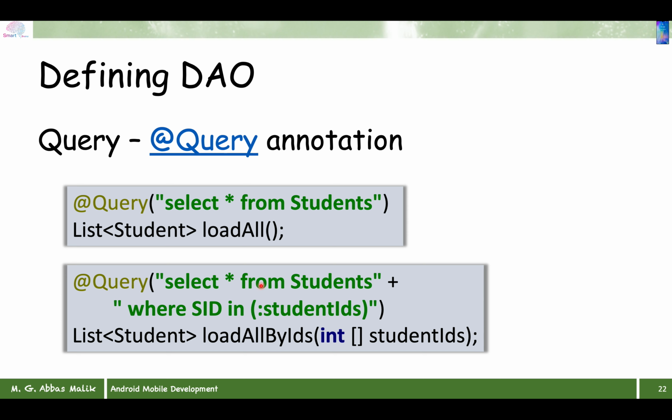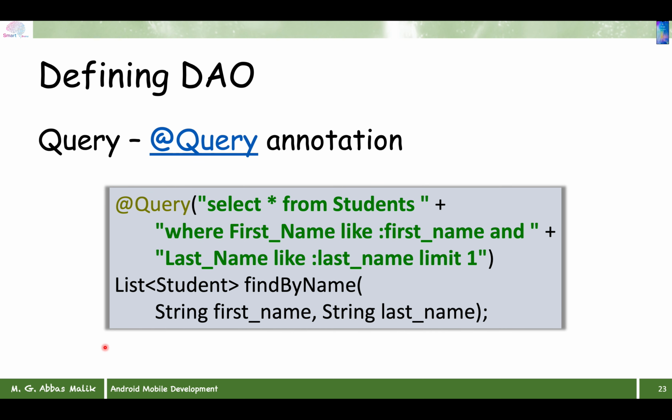If they exist in the table, then return all those students with those student IDs. This is the only place where we need to write queries; otherwise we don't need to write any kind of query in the Room architecture. Again, based on the first name and the last name, we are trying to find the student. Limit equal to 1 means that it is going to give me only one record as an output.